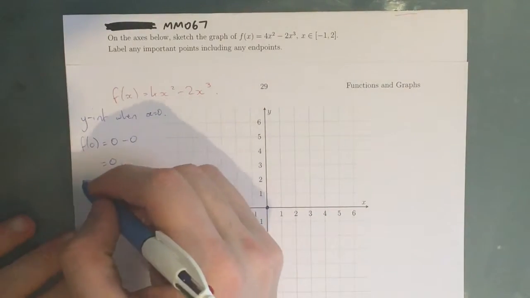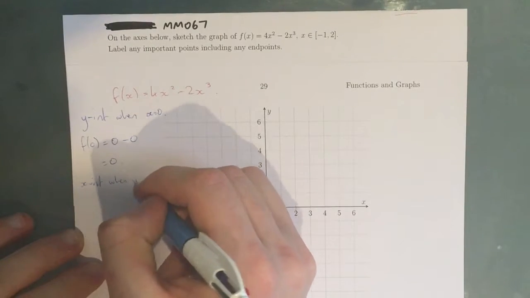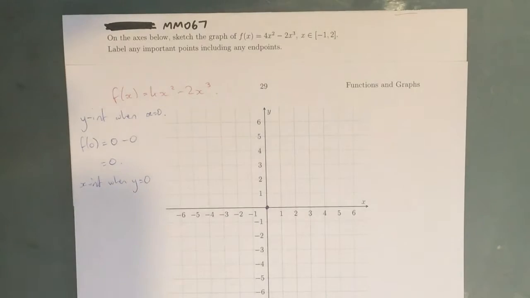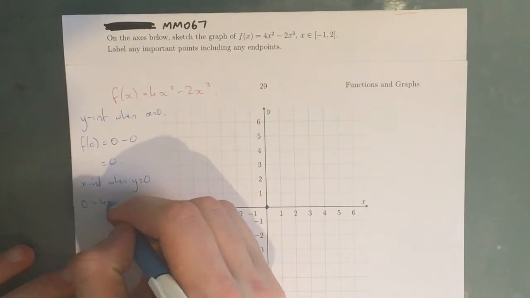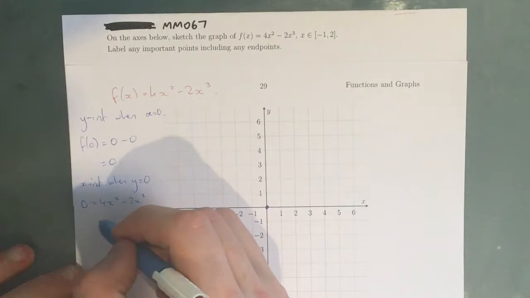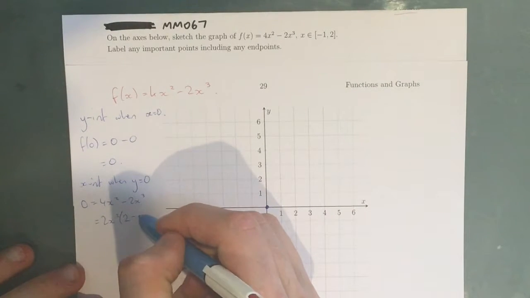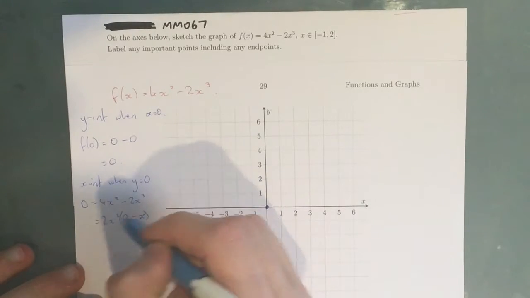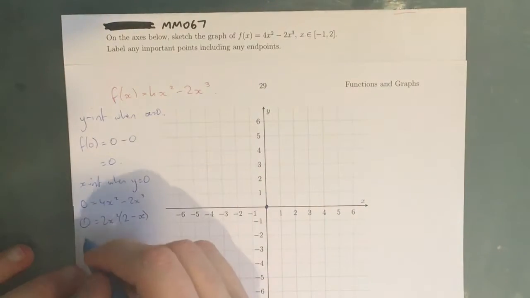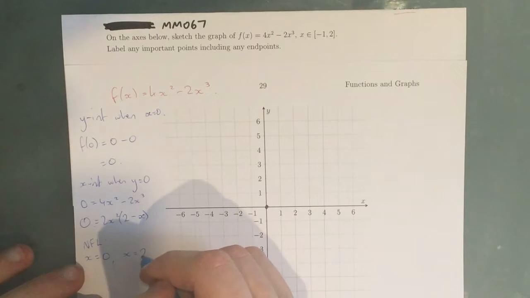For our x-intercepts, these occur when y equals 0, which means that 0 equals 4x squared take 2x cubed, which is equal to 2x squared times (2 minus x). According to our null factor law, x equals 0 and x equals 2.